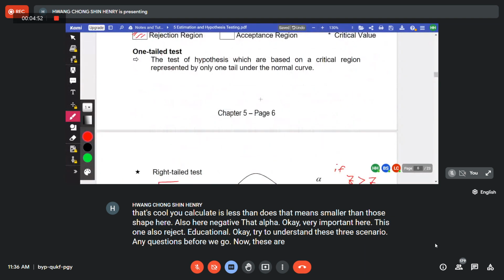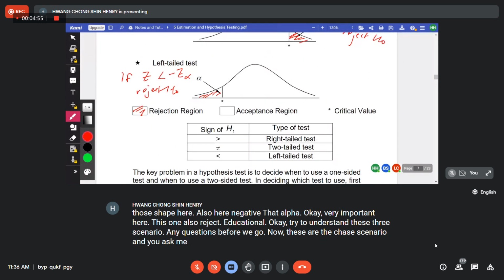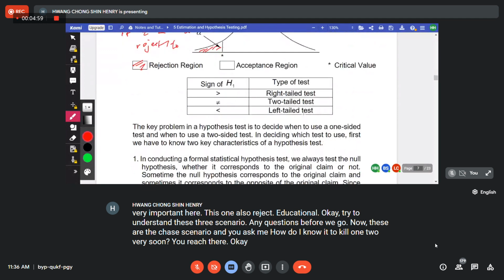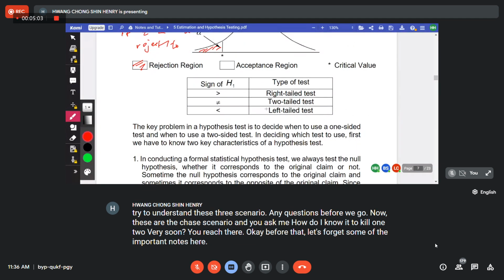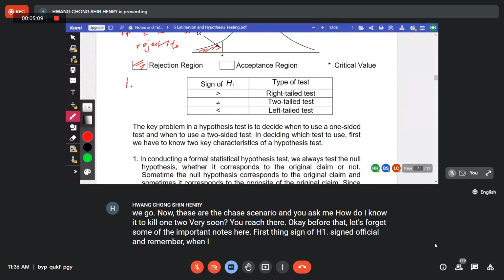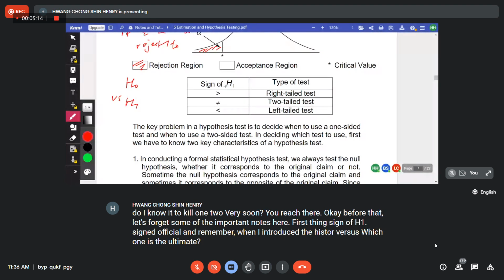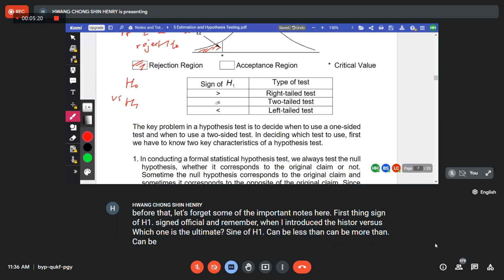These are the three scenarios, and you will ask me, how do I know whether it's two tail or one tail? Very soon we reach there. Before that, let's look at some important notes. First thing, the sign of H1. Remember when I introduced H0 versus H1, H1 is the alternative. The sign of H1 can be less than, more than, or not equal.